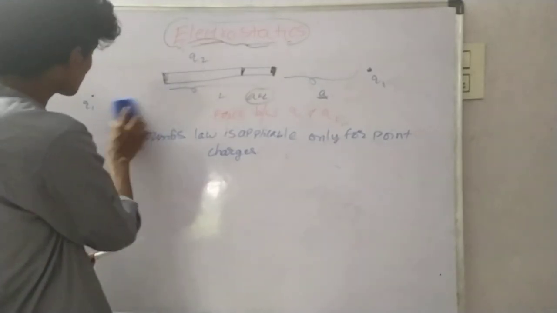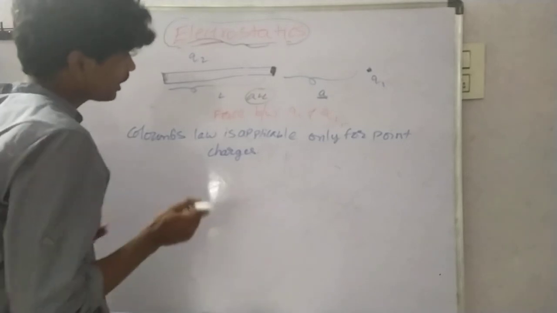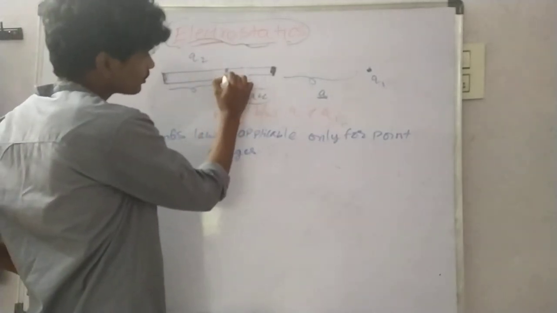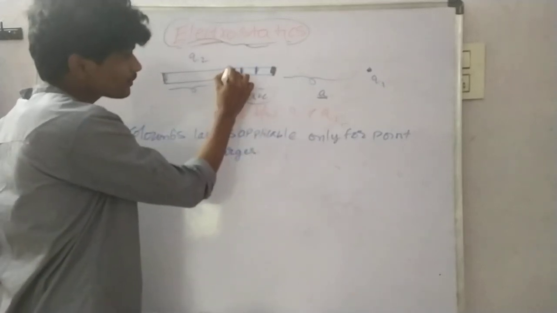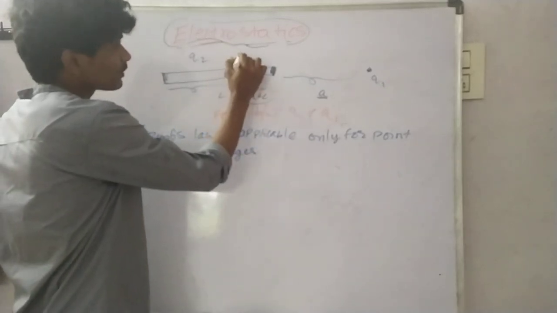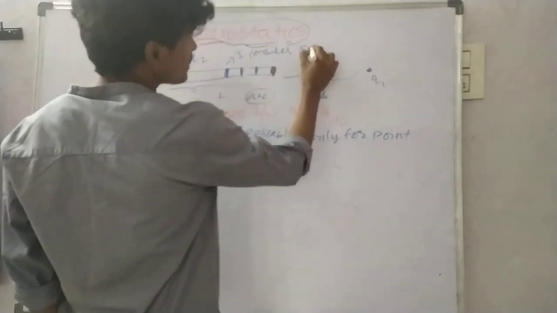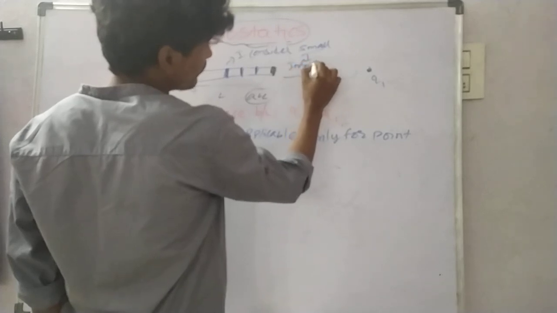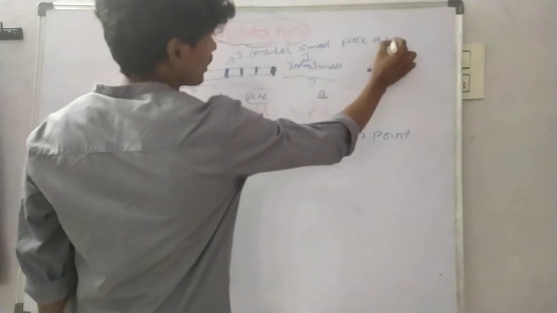So that's why we use the concept of integration and differentiation here. What I am doing is trying to chop this given length into infinite pieces. So this is one piece, this is one piece, this is one piece. Now I can consider this small piece, actually this infinitely small piece, as a point charge.